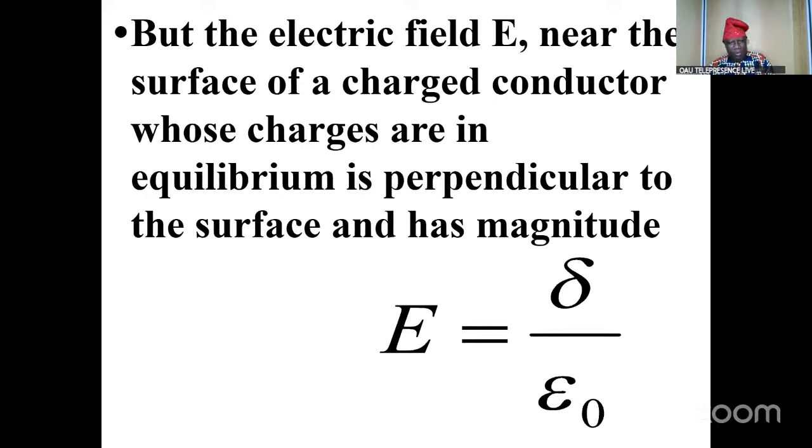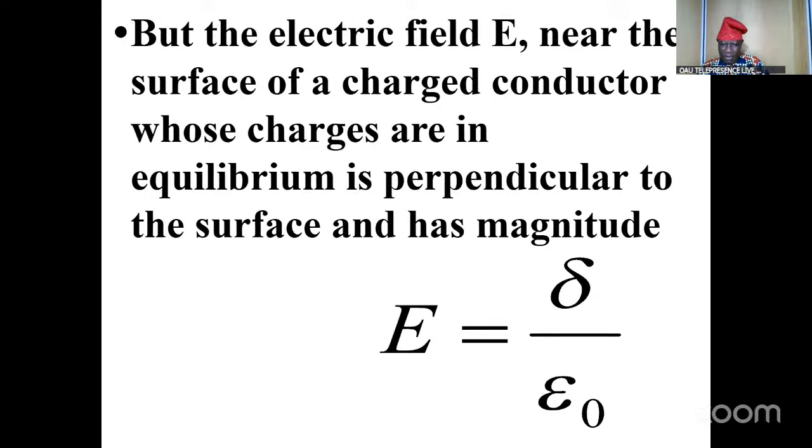To get that question correctly, use the same equation, E equals sigma over epsilon naught. Epsilon naught you know from past classes. The electric field is given to you, so you can now find sigma.